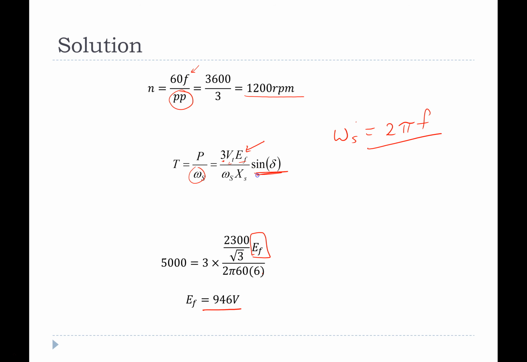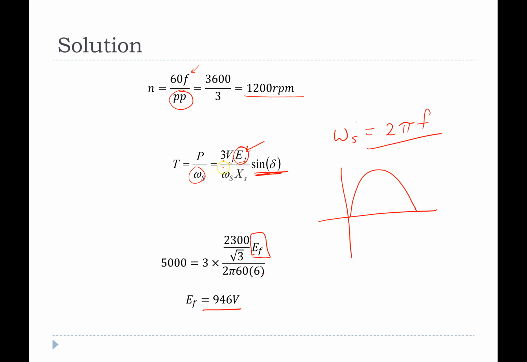What happened to the sine delta? All of these other things here are constant. To get the minimum excitation, remember what a sine function looks like, and we'll only be looking at the first half cycle of the sine wave. So when would EF be a minimum?